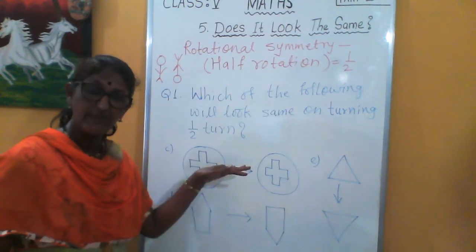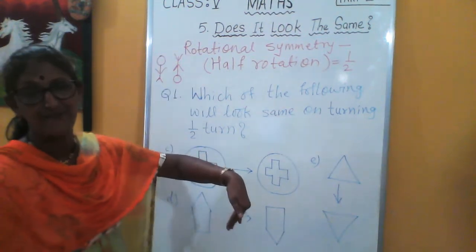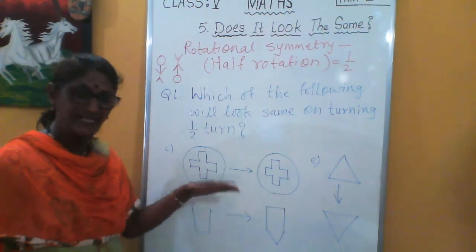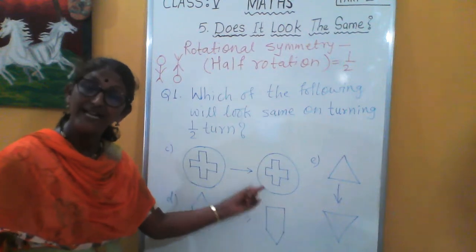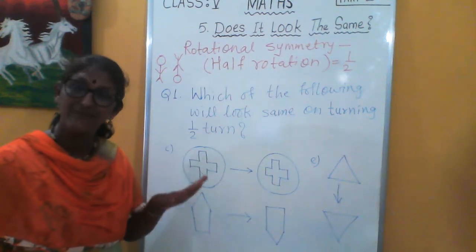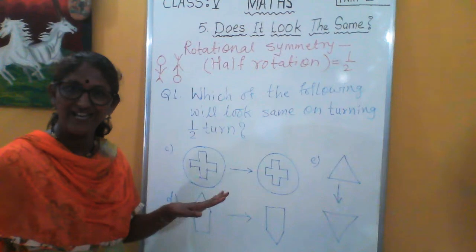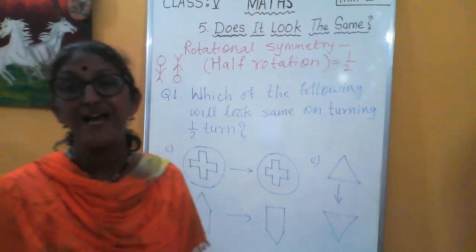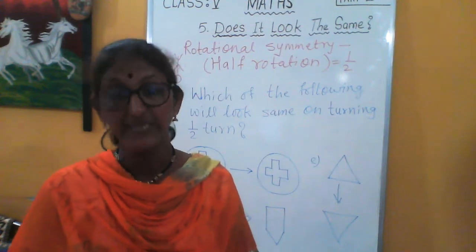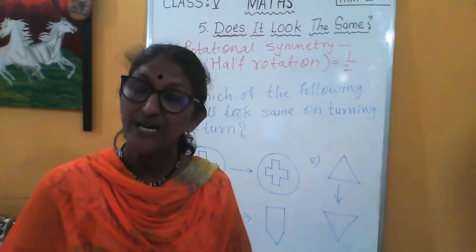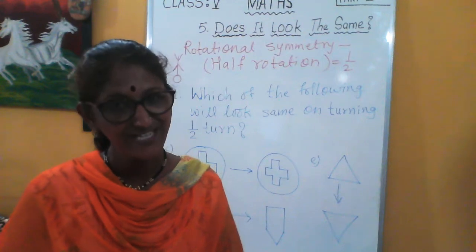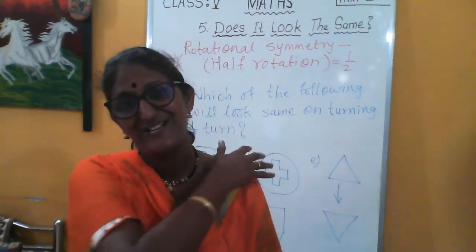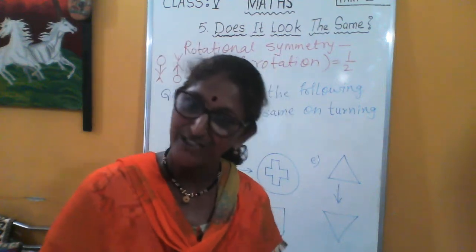So you have to remember, when we turn half, we get some figures exactly opposite and some figures we will get as they are after the half turn also. This much you have to remember. And in the next part we will see a few numbers: which numbers do not change after a half turn, and which numbers we get the same after the half turn. So this much is only for today.